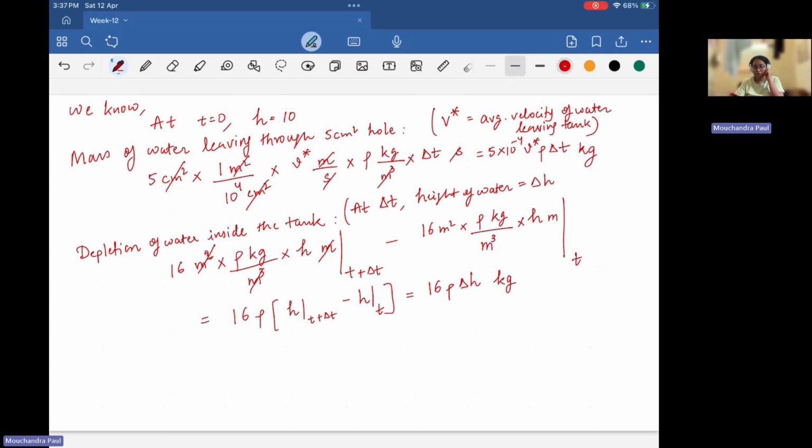This is your accumulation or depletion term in the mass balance equation for water.